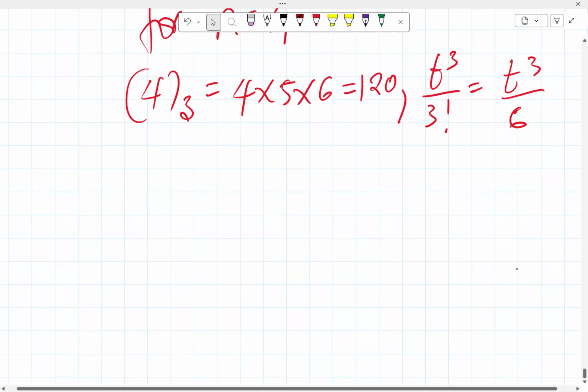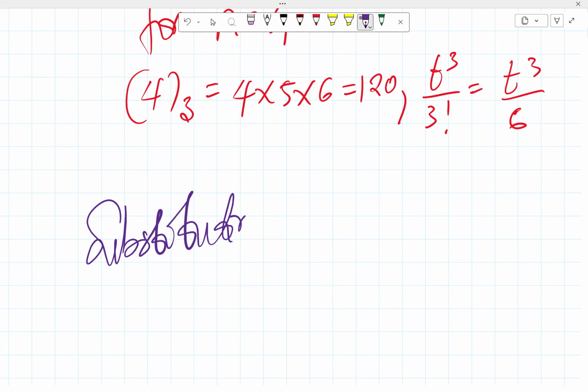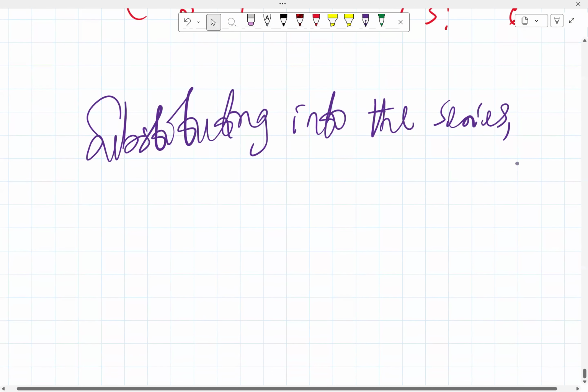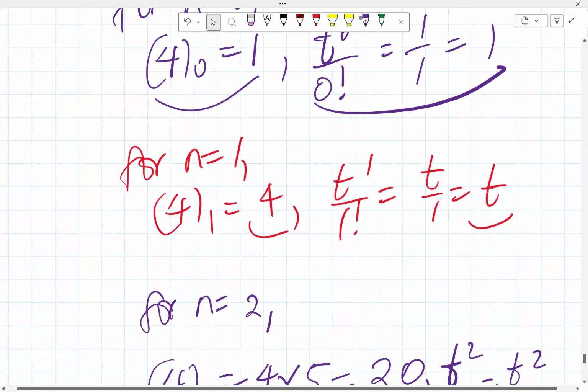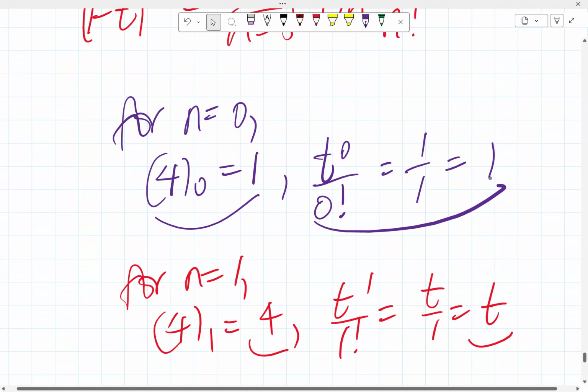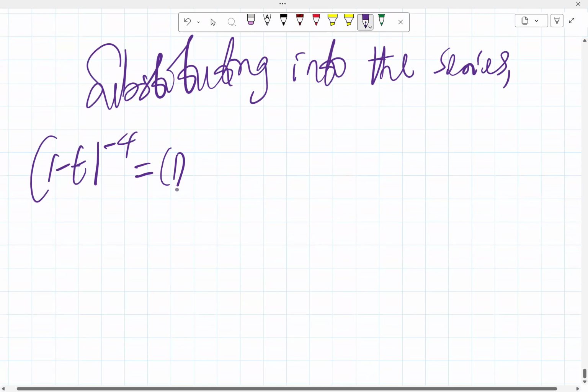So we put everything together, substituting into the series. We have 1 minus t raised to minus 4 to be, first, 1 into 1, so we have 1.